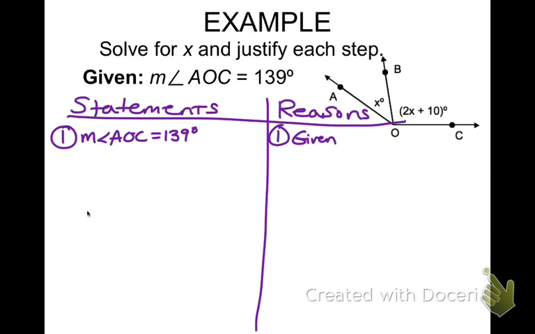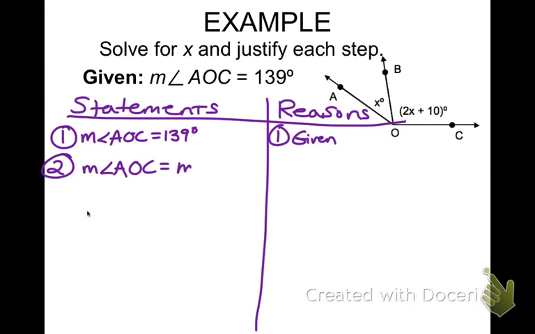So my line 2 is going to be the measure of angle AOC is equal to, now I'm going to run out of space, I'm going to have to go below, these two angles added together.